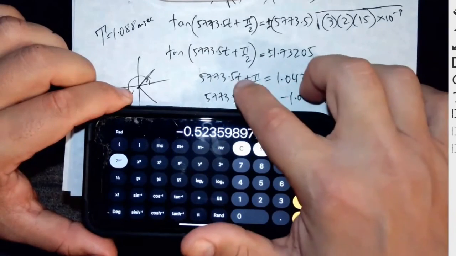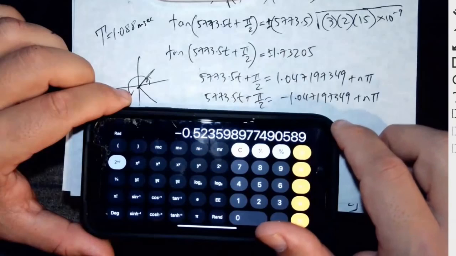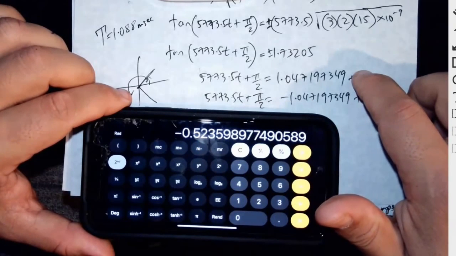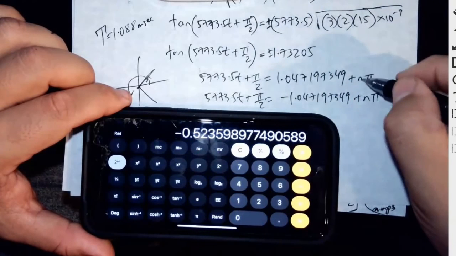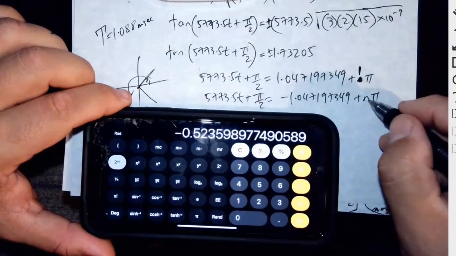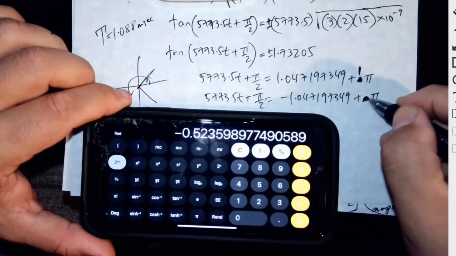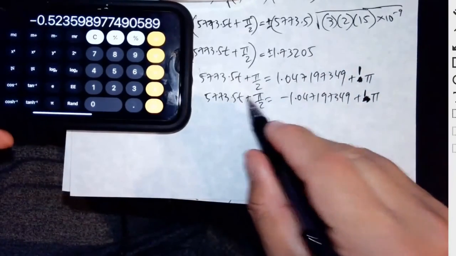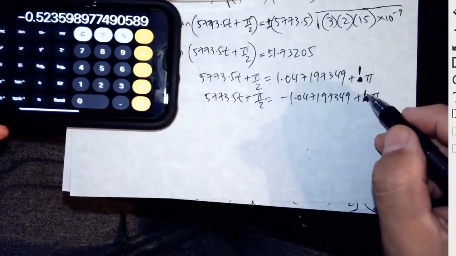Oh, but then that's going to give you a negative answer. So no, you can't do n is 0. You have to start with n is 1, because you want t to be positive. So let's try n is 1 here.